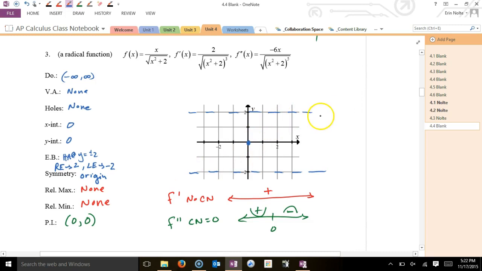So this is going to look very much like a sideways John Travolta with our point of inflection. Okay, and that matches our concavity. We got a positive concavity between 0 and negative infinity, and a negative one greater than 0.